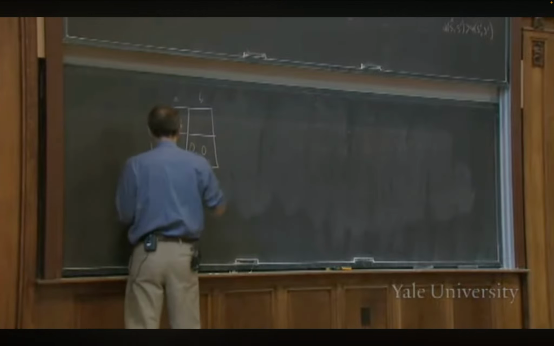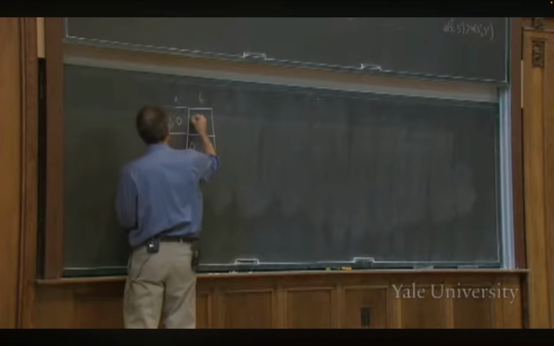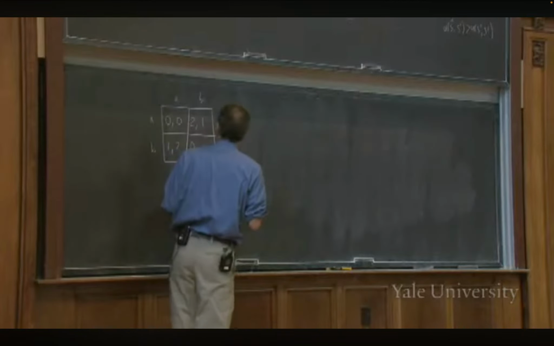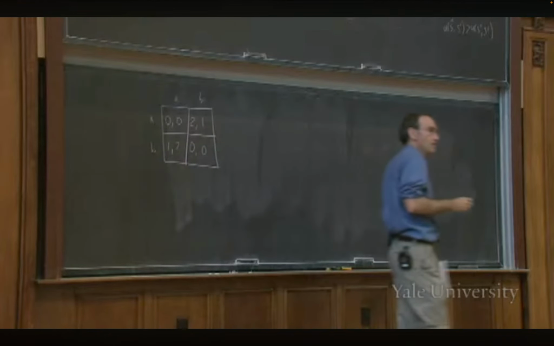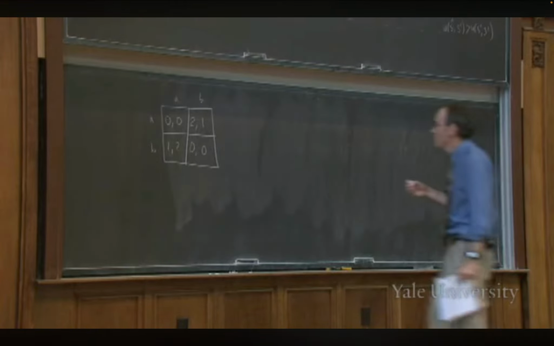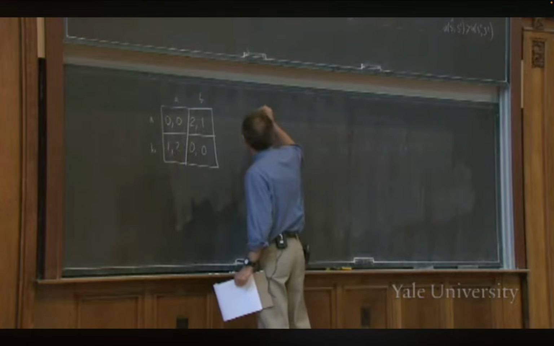Down the diagonal, we have 0,0 and 0,0, and off the diagonal, we have 2,1 and 1,2. So what is this game, essentially? It's very similar to a game we've seen already in class. Anybody? This is essentially Battle of the Sexes. I've taken the Battle of the Sexes game, the dating game, and just twiddled it around to make it symmetric. So this is a symmetric version of Battle of the Sexes.